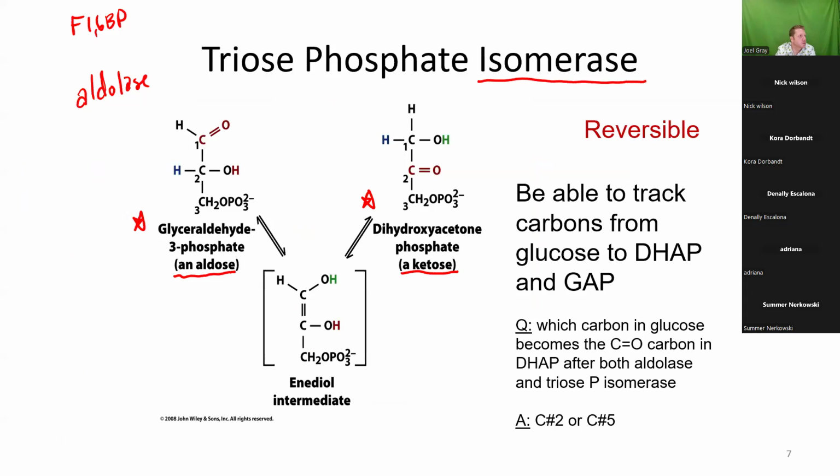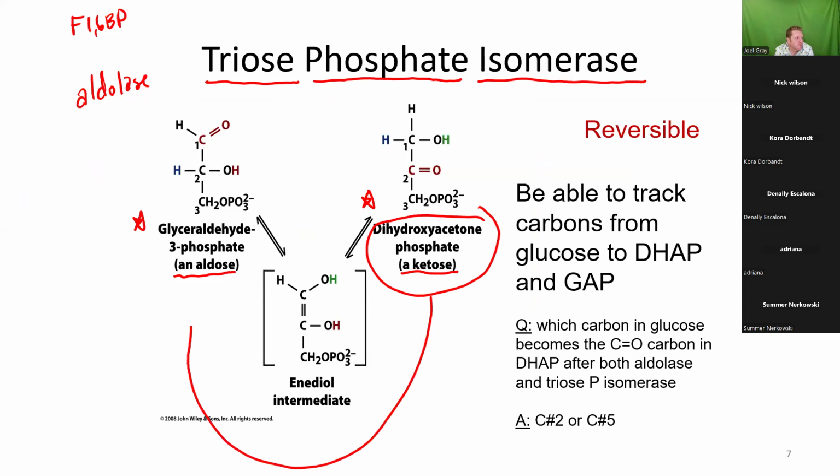It's an isomerase, and it acts on a phosphorylated triose. So triose phosphate isomerase. This enzyme will take our ketose, our dihydroxyacetone phosphate, and convert it to glyceraldehyde 3-phosphate, which is what we want, because glyceraldehyde 3-phosphate will be able to continue and progress through our pathway.